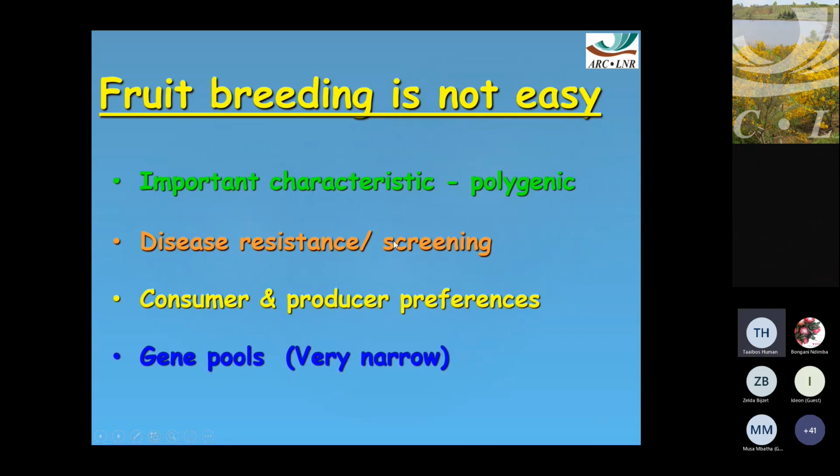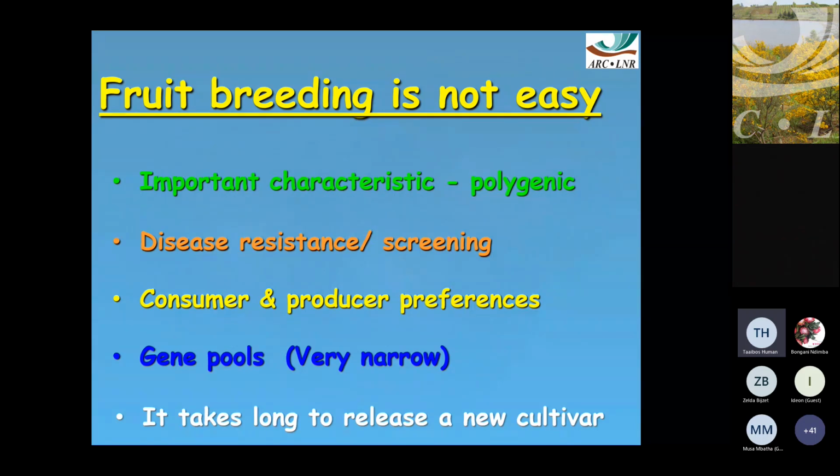The gene pool is very narrow because pears are not native to South Africa. They grow wild overseas, so we have to import that material, which also makes it difficult. And of course, releasing a new variety takes a long time. There are so many processes involved before a variety can be released.